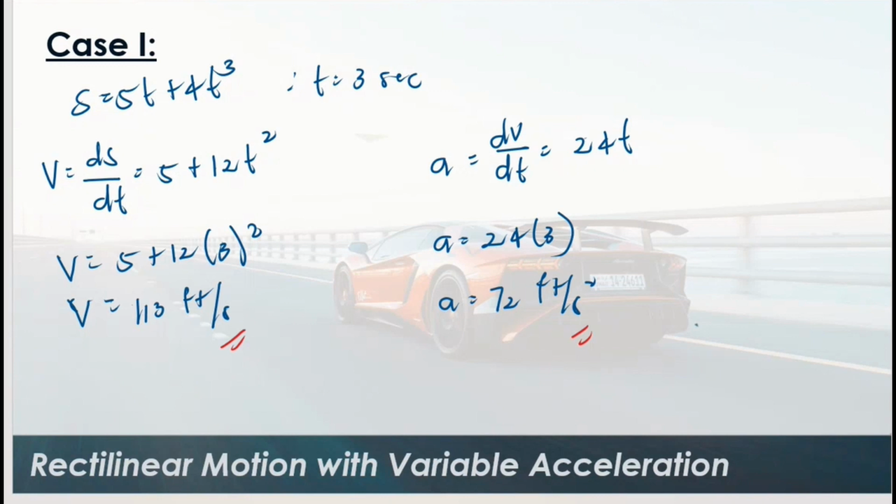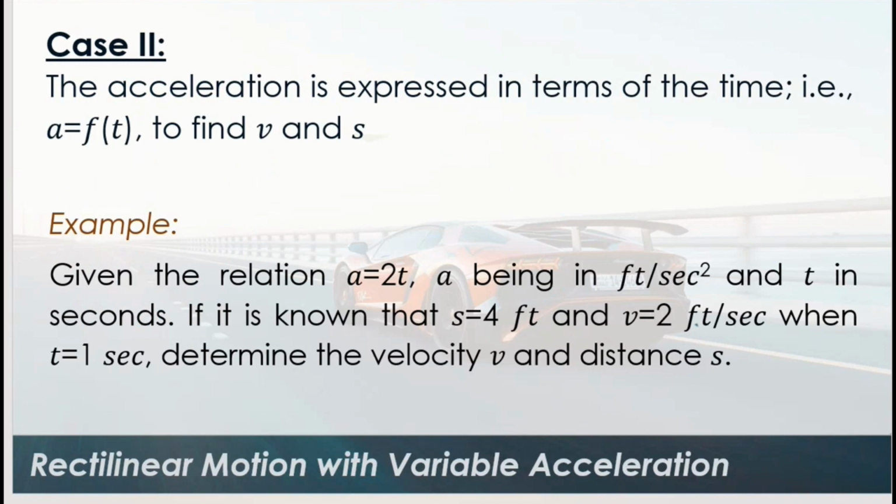So how about case number 2? If in case number 1, displacement is the function of time, in case number 2, acceleration is the function of time, to find the velocity and displacement. For us to understand this one, given the relationship A is equal to 2t, A being in feet per second squared and t in seconds, it is known that S equals 4 feet and V is equal to 2 feet per second when t is 1 second.